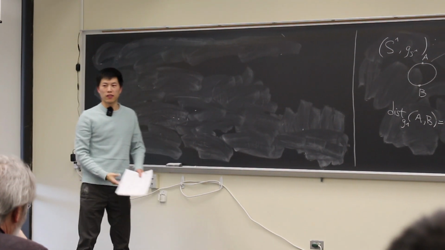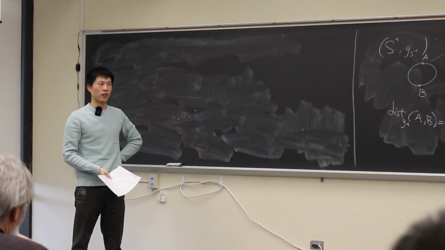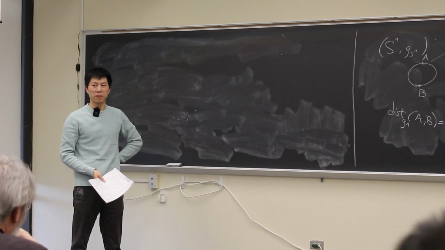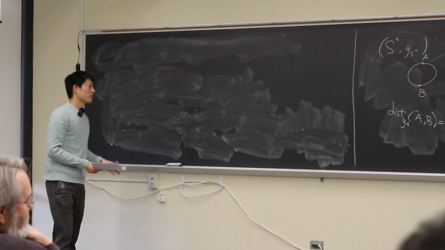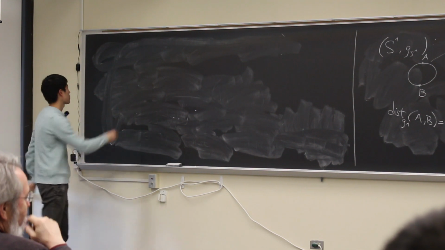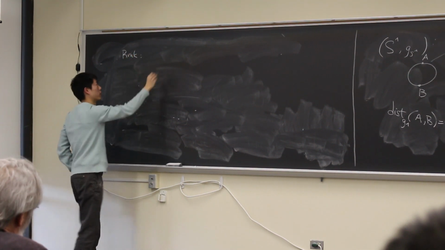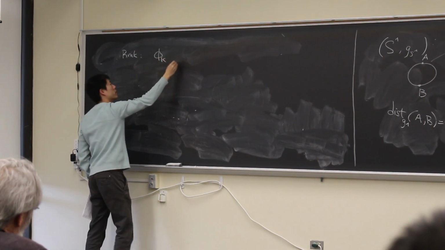No, it's not. You can cook up weird isometries, but I don't have an example in mind. So here the remark is that this particular phi k is quite canonical, and it makes it very useful.